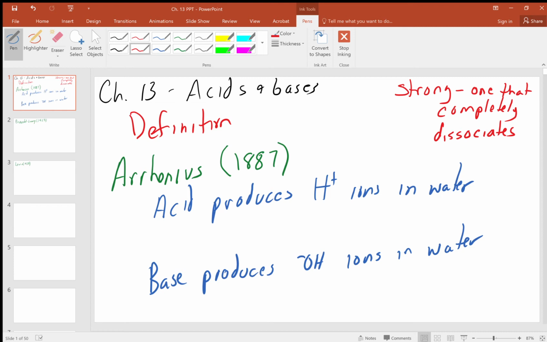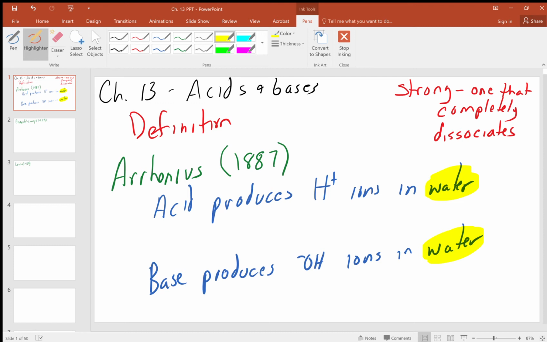Now, what are the problems with this definition? Because there's a couple fundamental problems with this definition. So the first fundamental problem we find here: it assumes that everything we're dealing with is within water. And while in a class like this, everything we do takes place in water, in chemistry, not everything takes place in water, and sometimes we have to deal with other solvents.